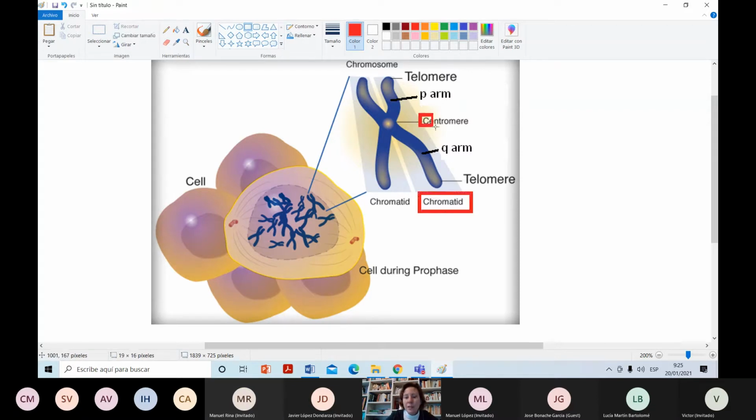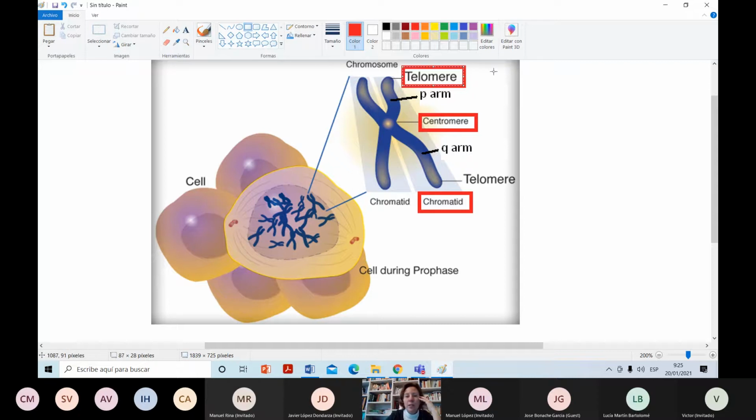Those chromatids are joined together by the centromere, so that's another term that everybody must have in the picture. The third one is the final region of the chromosome, that is the telomere. So we've got 4 telomeres, 1, 2, 3, and 4.